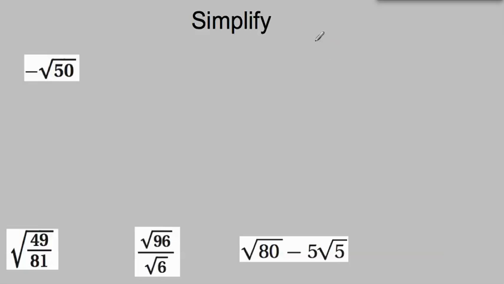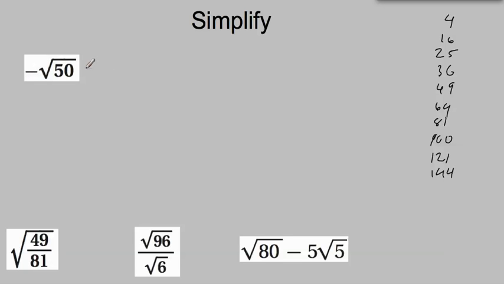So I can come up here and I can write down my perfect square factors. I've got 4, 16, 25, 36, 49, 64, 81, 100, 121, 144. That's close enough for now. And I need to remember that this negative out front is going to stay there. I can't just disappear it, so it's always going to be negative.